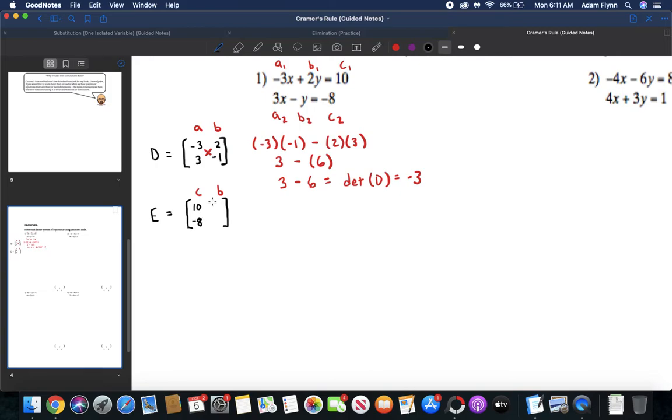And then in my right-hand column, I've got my B's, which are 2 and negative 1. So if I do AD minus BC, I have 10 times negative 1 minus 2 times negative 8. 10 times negative 1 is going to be negative 10, minus 2 times negative 8 is going to be negative 16.